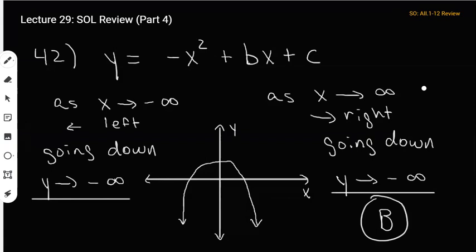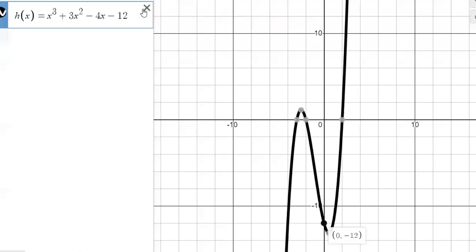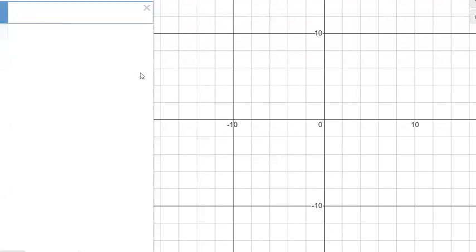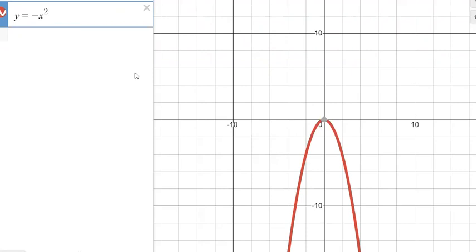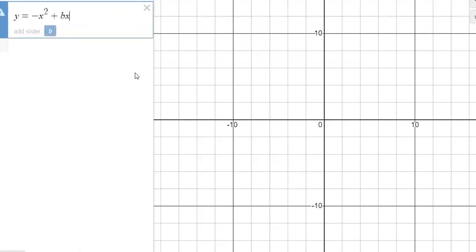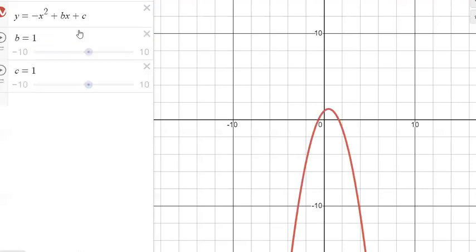Now let's take a look at it on Desmos. I'm going to graph it exactly as I see it in the question. So I'm going to type in y equals negative x squared plus bx plus c. And it's asking me to add sliders. So I'm going to choose all. Okay.